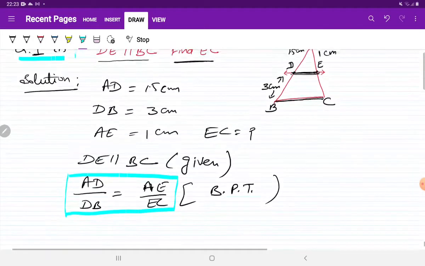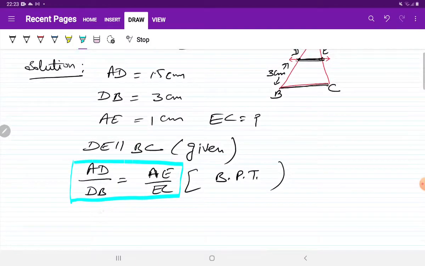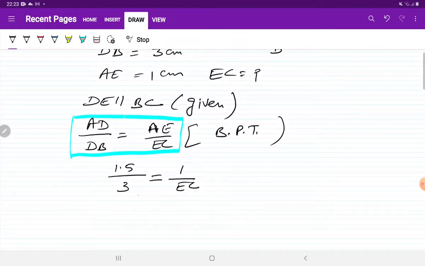We are given AD is 1.5. Substitute the values: 1.5 upon DB, which is 3, is equal to AE, that is 1, upon EC, which you have to find. You can write EC as x centimeter also. Got it? Here we'll cross multiply.